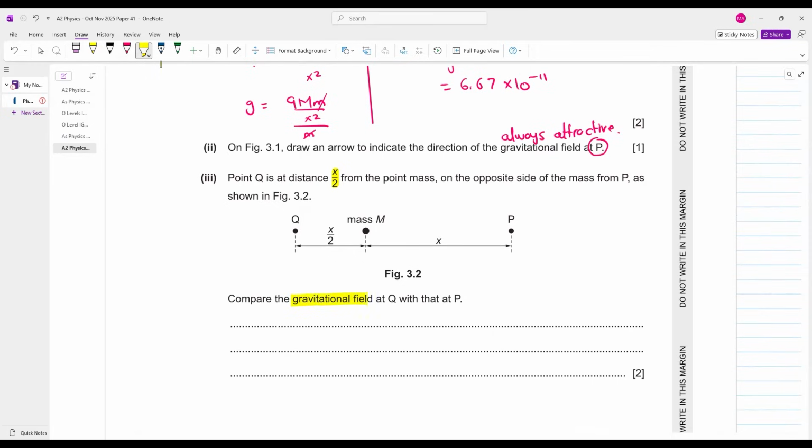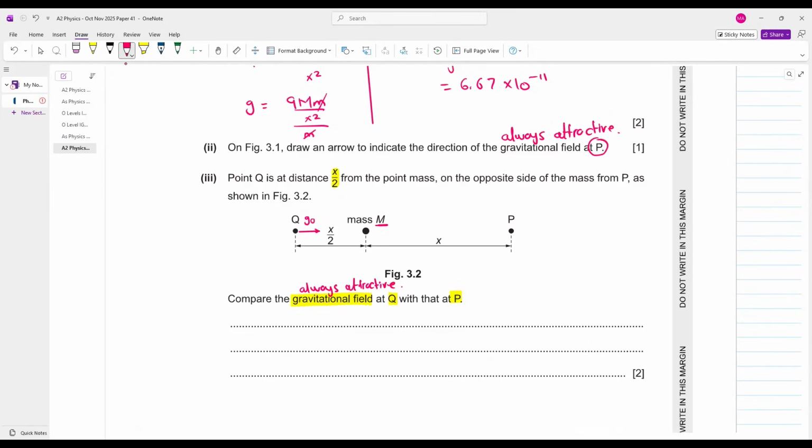Compare the gravitational field at Q and the gravitational field at P. Always remember, gravitational field is always attractive. So this capital M will attract Q in this way.